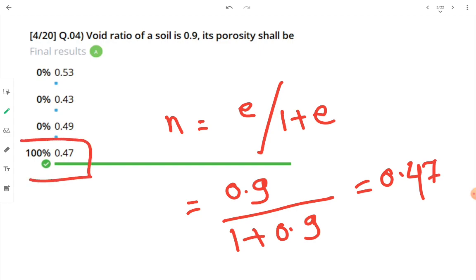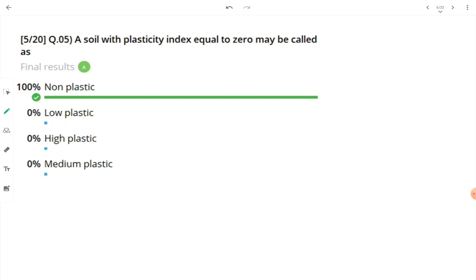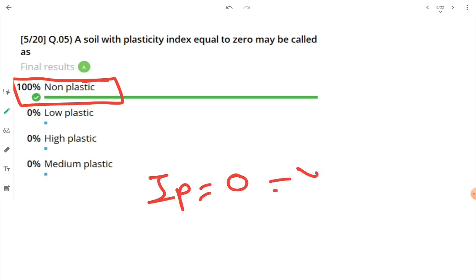That's the required answer. Alright, then a soil with plasticity index equal to 0 may be called as non-plastic. When IP is equal to 0, the soil is said to be non-plastic.